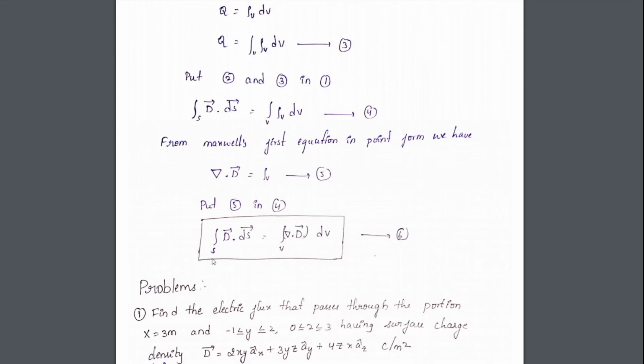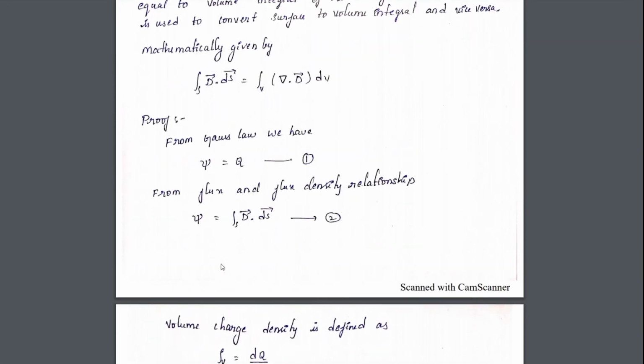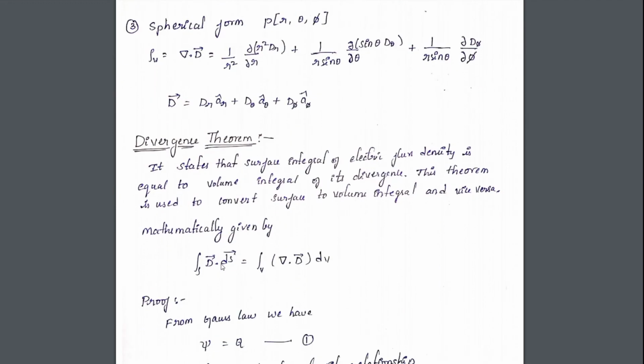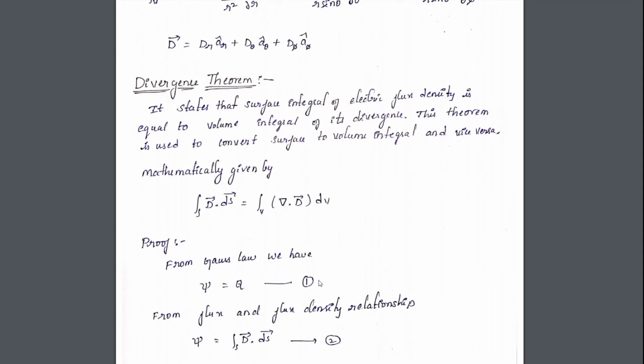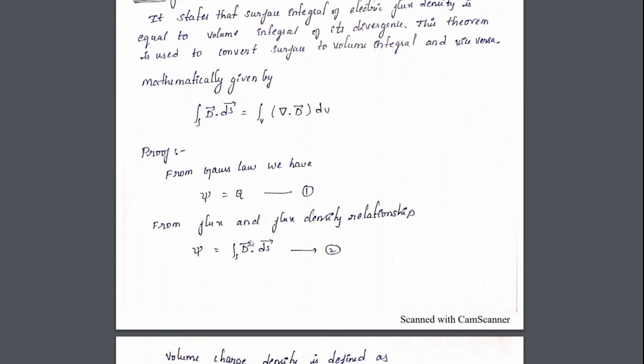Understood? So what is the statement of the divergence theorem? The surface integral of electric flux density is always equal to the volume integral of its divergence. How do we prove this? From Gauss law, flux is equal to charge, and flux and flux density are related as shown in equation 2.